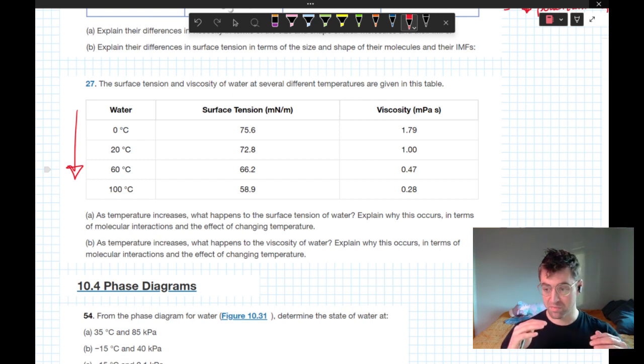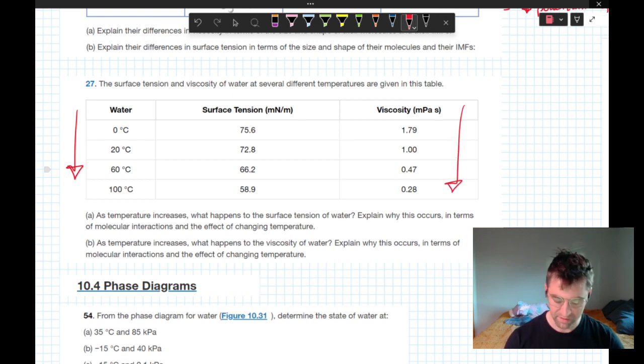And so there's more energy in the system. Those molecules are more likely to slip past each other. So that is reducing the surface tension of the water.